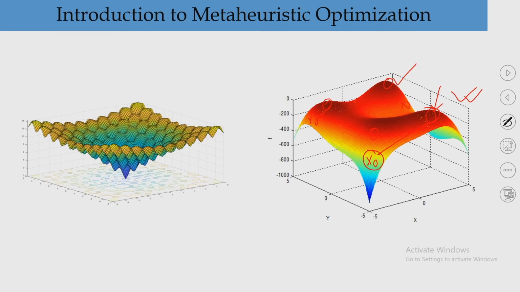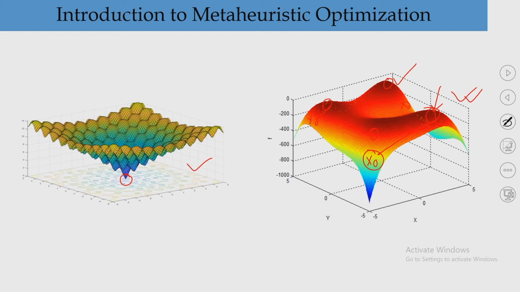Now, look at this particular function. There are innumerable local optimal solutions and one of them is the global optimal solution. You have only one global optimal solution, somewhere here, and the others are local optimal solutions. If you apply the classical optimization methods here, you will get one of the local optimal solutions.